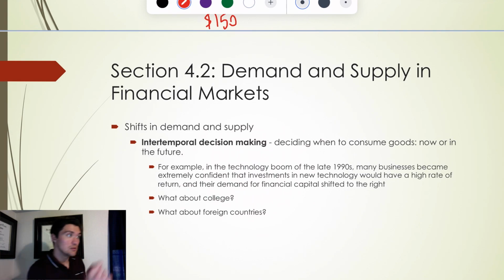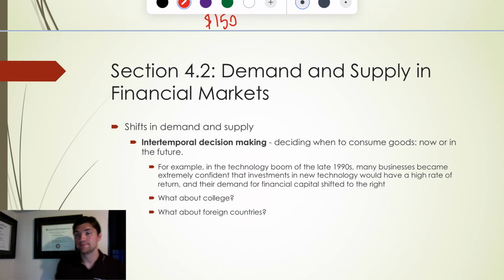You need money to invest into it. So you would demand more money today to use it for technology. That means you are increasing your decision to use money today, so that goes back to your intertemporal decision making. You are deciding right now to use money today, so you're going to be demanding it more today.